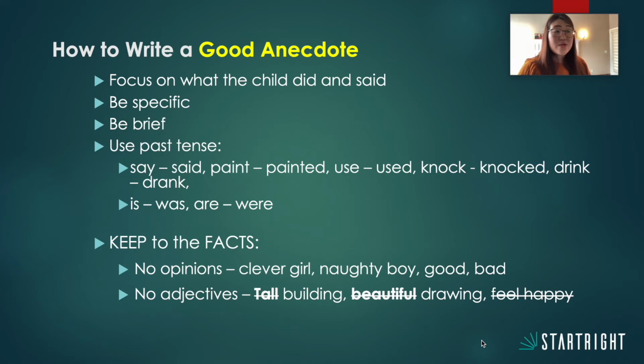We just say what he did that shows you that he was happy. For example, he's smiling, he's laughing, he's giggling. So instead of saying he's very sad, we just say he cried, he teared, or he sat near the gate. That's it. State what it is exactly. Don't add in opinions, don't add in adjectives. Okay?